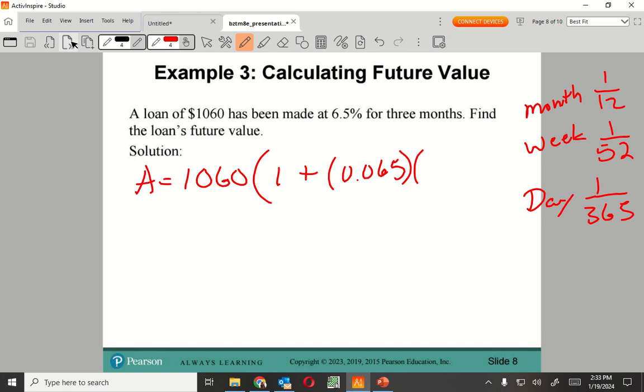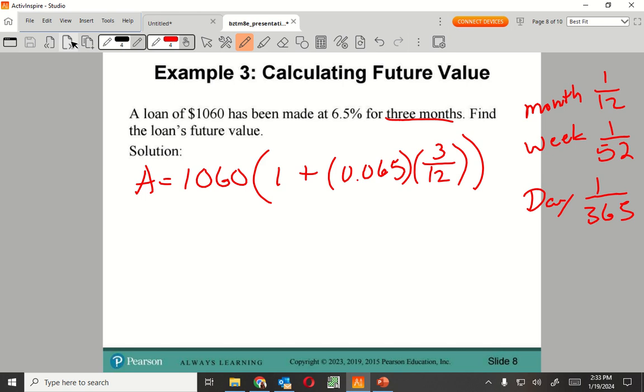Now, what am I going to put in for time on my problem? Say it again, loud and clear. Perfect, good job. It is 3 out of 12 because it's 3 months. So 3 out of 12, close, close.